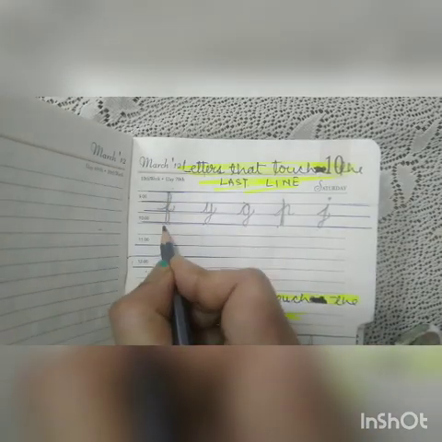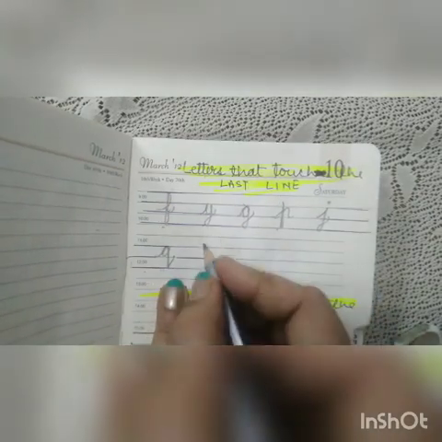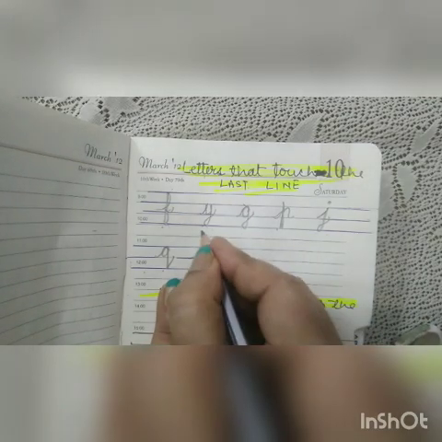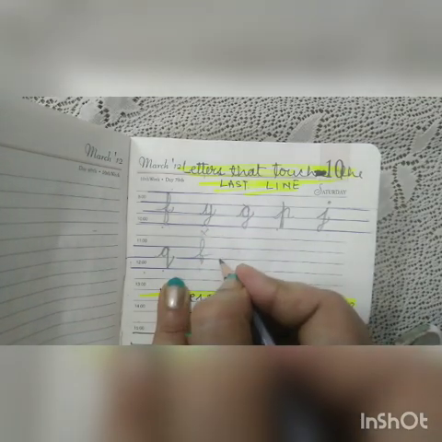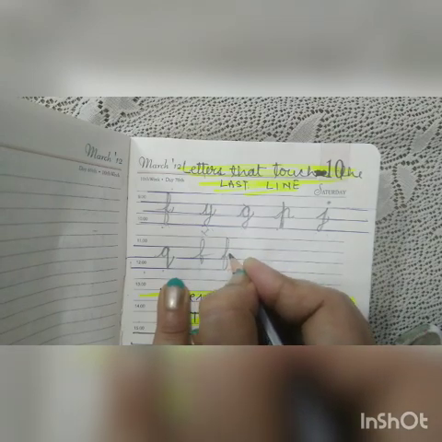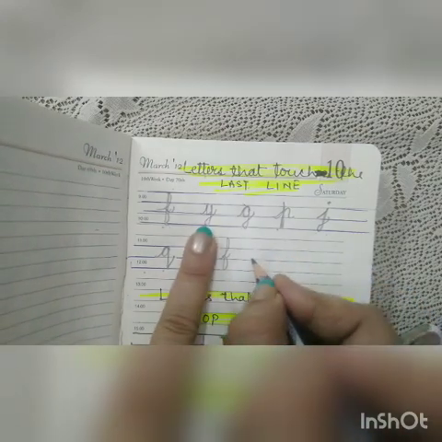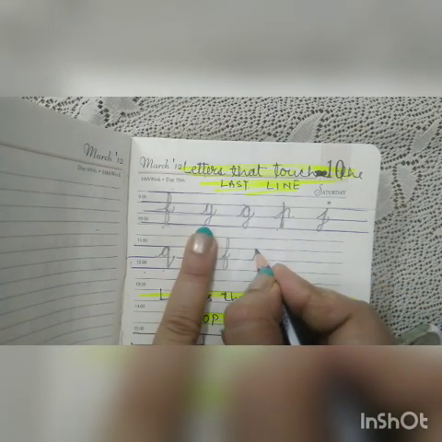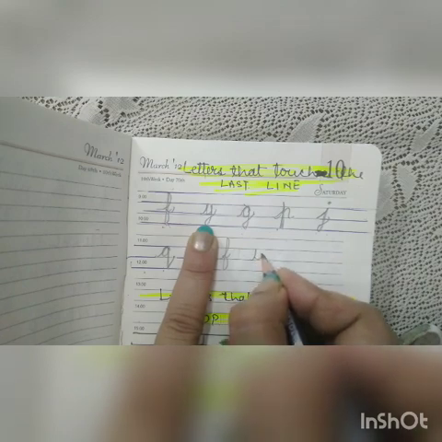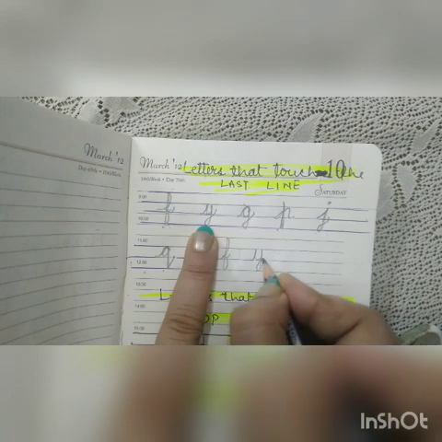See here, if we are writing f, you will not write f like this and just keep it here. No, this is wrong. How will you write it? Go up, come down, touch the last line and a tail. Why? See why? Go up, touch the middle line, come down, go up, come down, touch the last line and a tail.